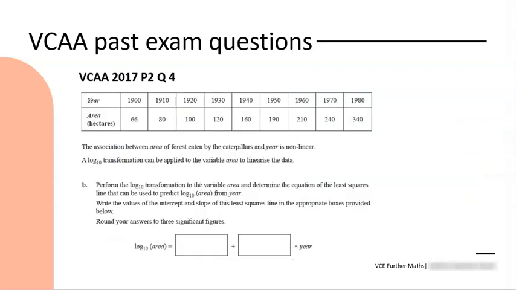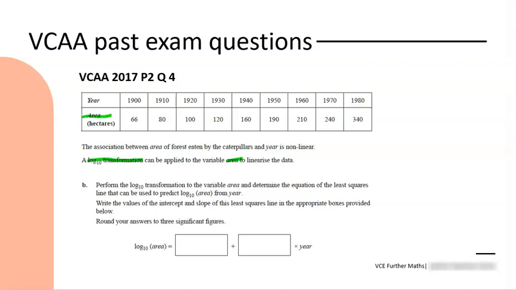Final VCAA question. This is the 2017 paper 2 this time, question 4. Here we have some data. This association between the area of a forest eaten by the caterpillars and the year is non-linear. A log base 10 transformation is applied to the variable area, so we're applying it to our area here to linearize the data.